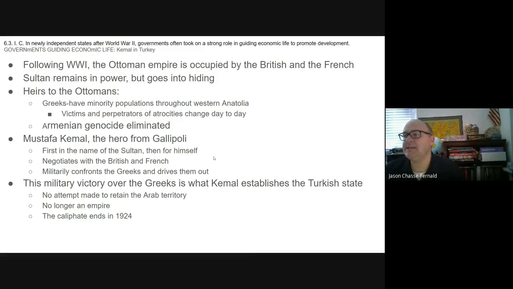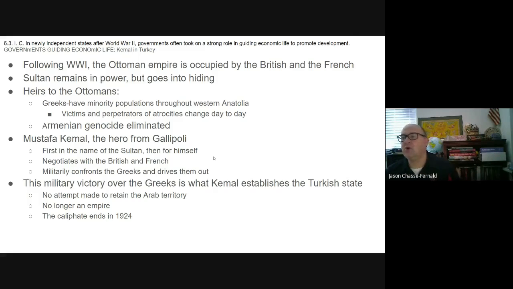Think about losing control of the three most important cities within Islam, Mecca, Medina, Jerusalem. Loss of that, on top of the land, is also massively symbolic and religious. On top of that, think about the refugee crisis, the displacement of millions of people. That takes place, and there's really nothing that can be done about it.